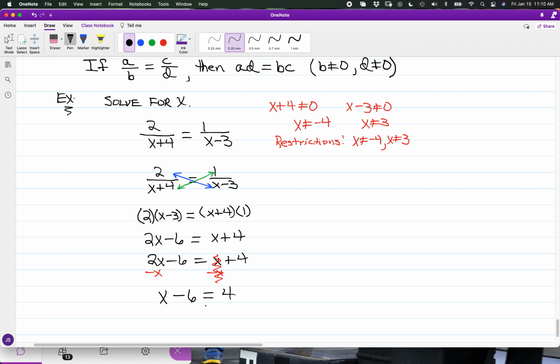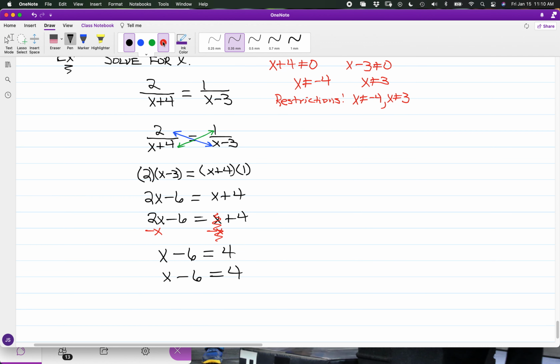And we have just the two-step equation we started out with. In the case of isolating x, I can now add 6 to both sides, so x is equal to 4 plus 6, which is equal to 10.